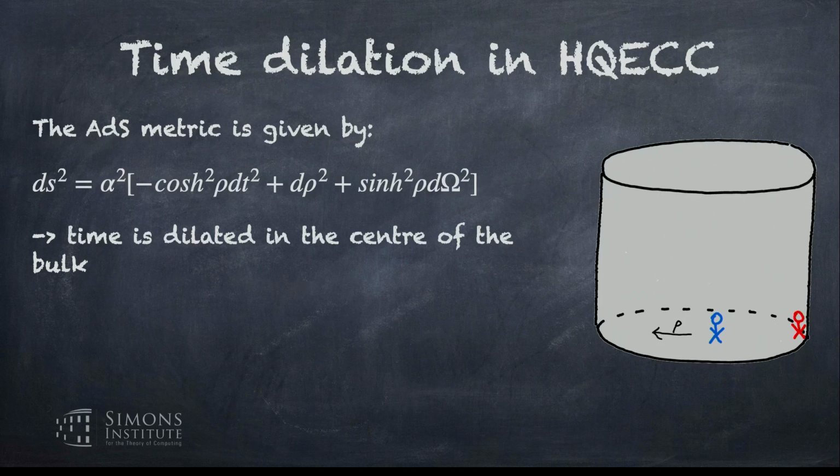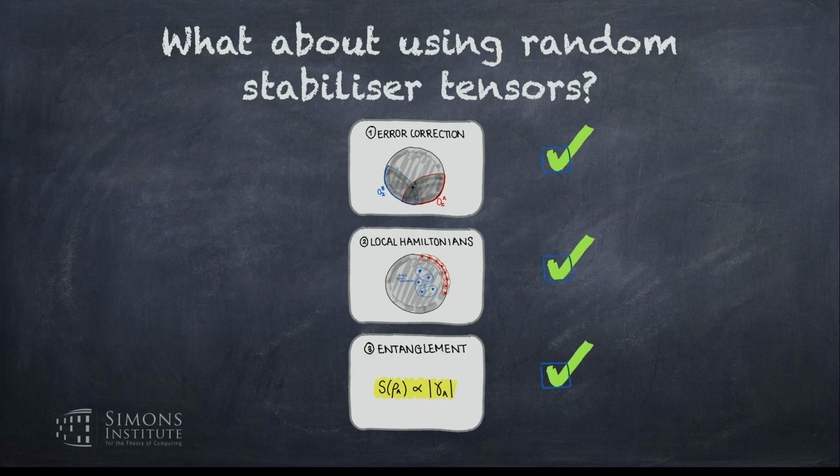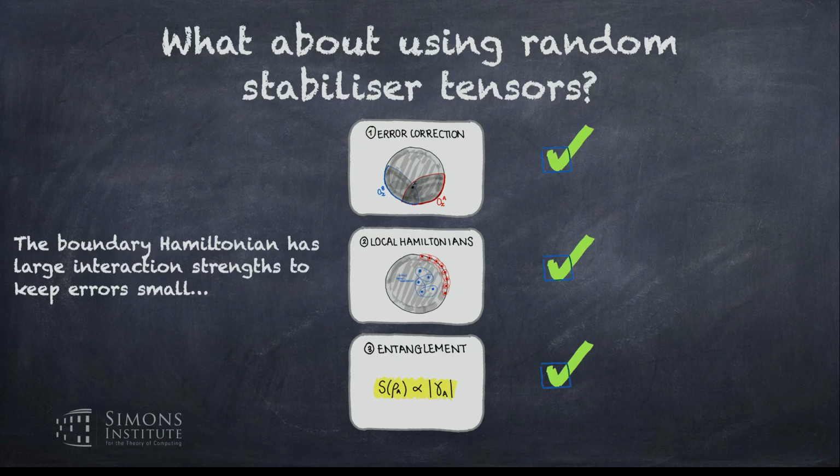Sorry, you covered this already, but time dynamics due to the error correction? To the error correction. So if you have the perfect time dynamics without the simulation, any kind of dynamics in the bulk will just be also dual to dynamics on the boundary. So it won't muck up the error correction. You can pause the dynamics at any time, and you'll still have this sort of entanglement wedge reconstruction.